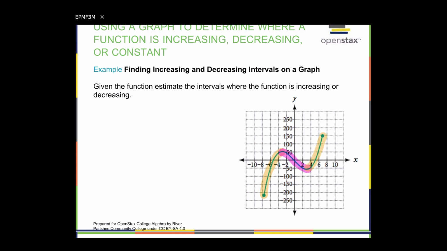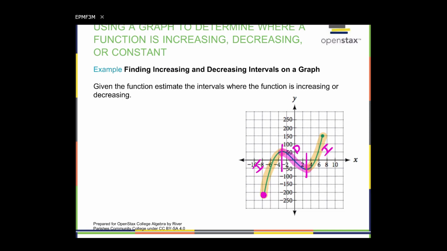So increasing, decreasing, increasing. So we have to figure out, okay, what are the x values at those places? So I kind of draw a vertical line where it changes direction, and that helps me to see what the x values are. So it's increasing from, oh, look at this. This isn't an arrow. This is a point. So it looks like it's really close to -8.